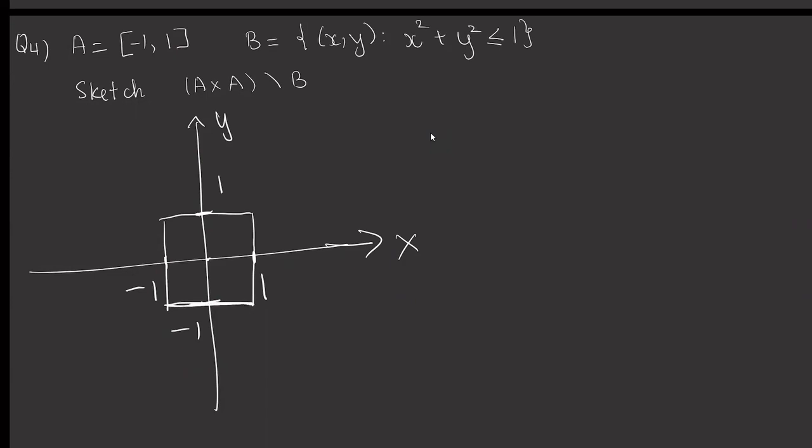So this one is A times A. Everything inside the square is A times A. This part is A times A, because we just care about the intersection.